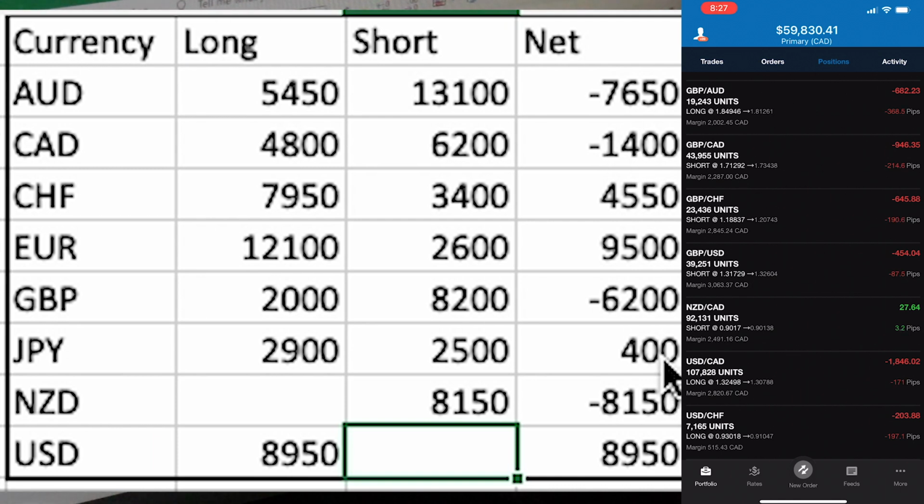So to diversify, I would like to see all these numbers closer to the 1,000 mark, either plus or minus. 400 would be the best case scenario. Well, zero. Zero would be the best case scenario since I'm not using stop losses. That way, if something crashes big time, there will be a relatively equal amount going the other way.